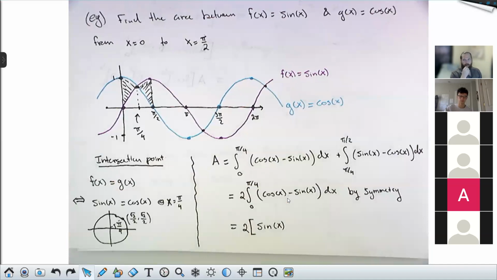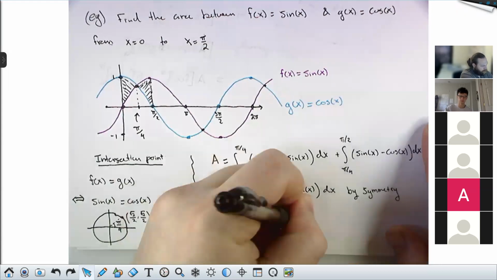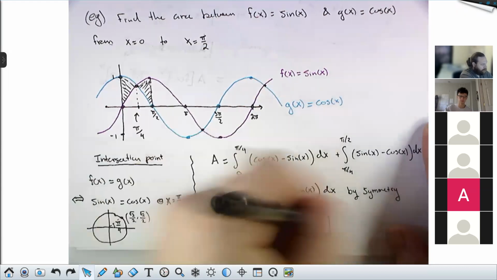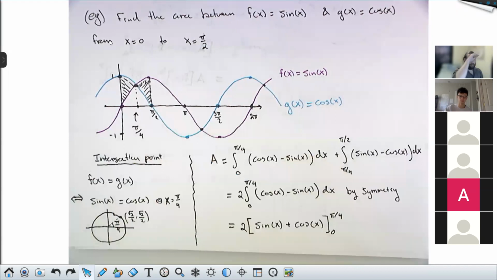What is the antiderivative for sine x? Negative cosine x. Good. So I'm going to subtract negative cosine x, which means we're going to add cos x here. And then we evaluate from 0 to pi over 4. Any questions about the symmetry argument or the antiderivative?